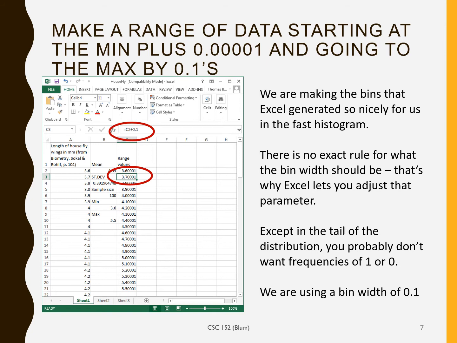Now this data came to us nice. It went up by 0.1s, and there were a number of points once we get into the middle of the data at each. Like 4.1, you can see, had a number of data points with that value. So it seems a natural choice here, but this is part of the artistry of making these things, of picking the bin width.